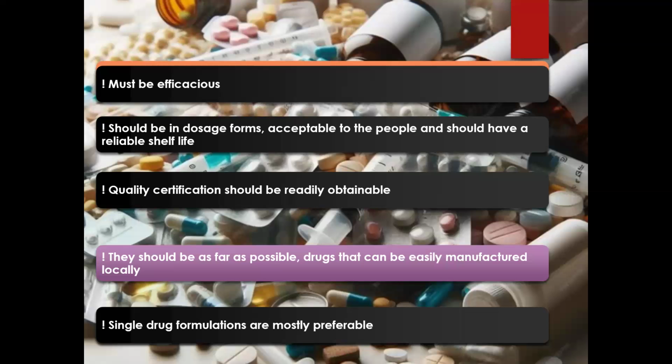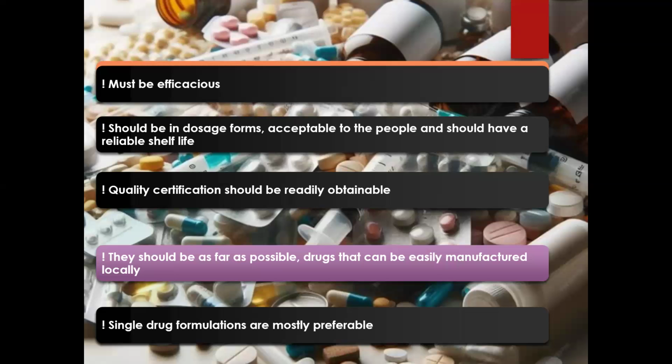The next criteria is that single drug formulations are mostly preferable. Single drug formulations, also known as monotherapy, are usually preferred over combination therapies. Because when you give one drug, which is a monotherapy, you can easily administer the drug, utilize the drug, and monitor the drug's effects.